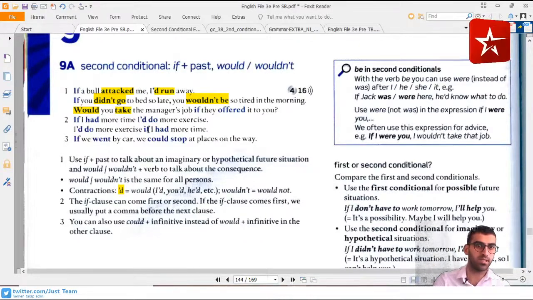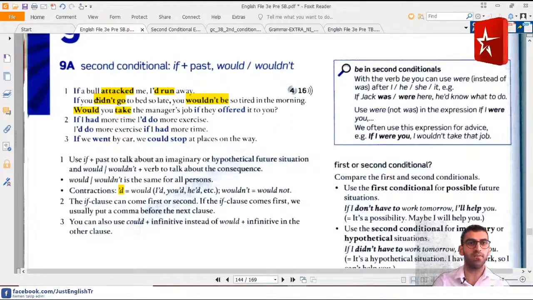But in this sentence, I would do more exercise if I had more time, the if clause comes second. If the if clause comes at the beginning of the sentence, we have to use a comma before the main clause. If it comes after the main clause, we don't need to use any comma before if.